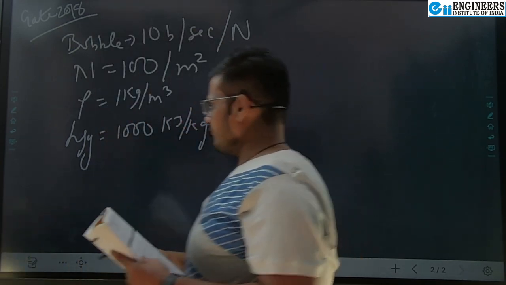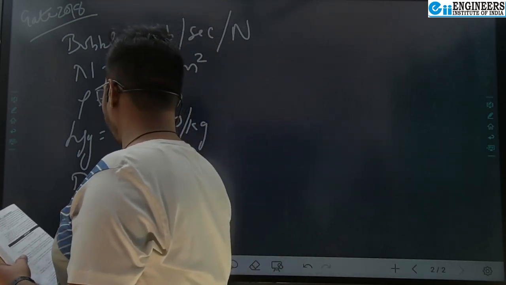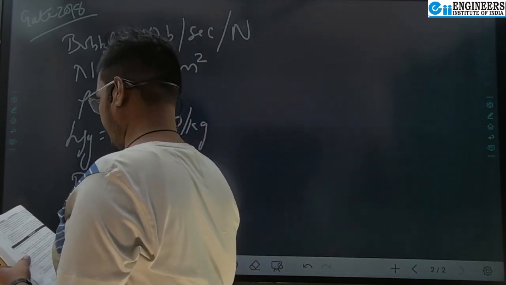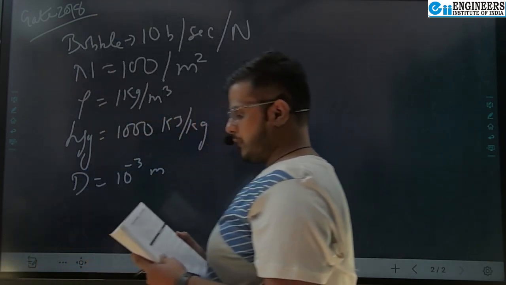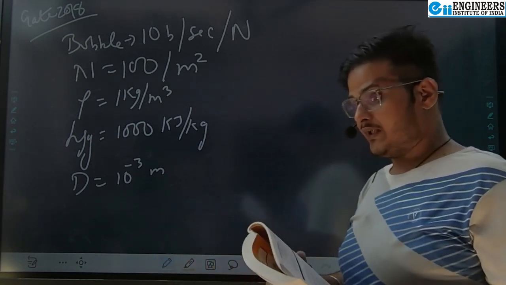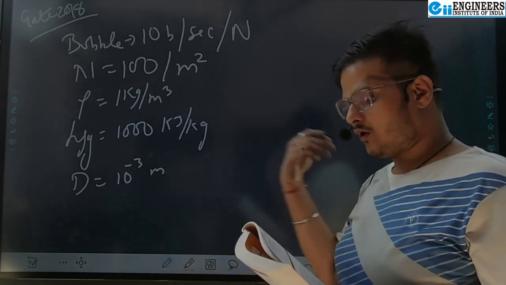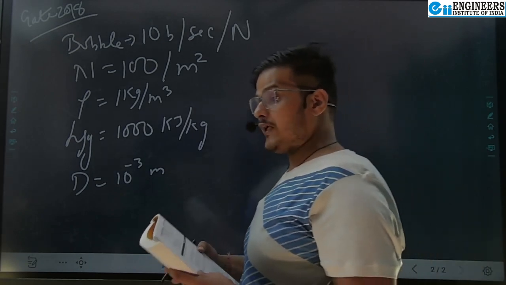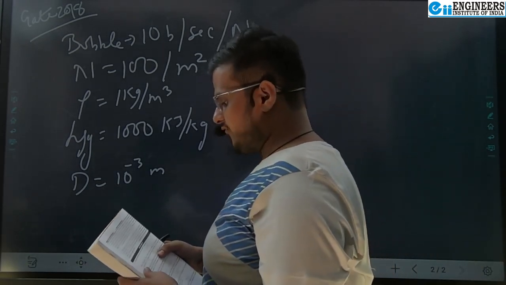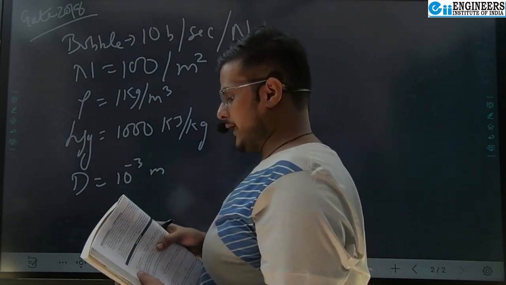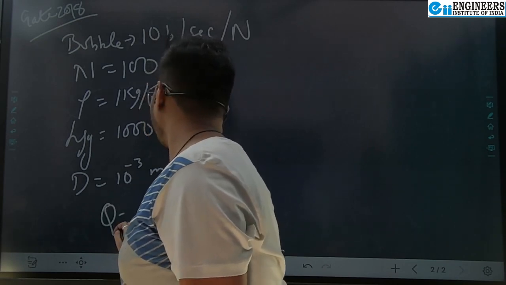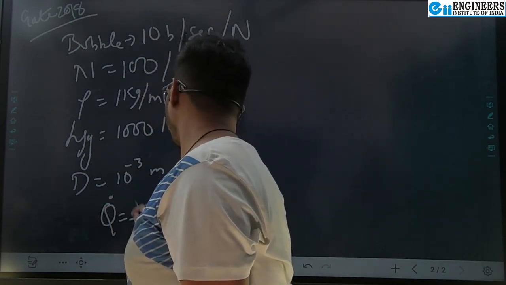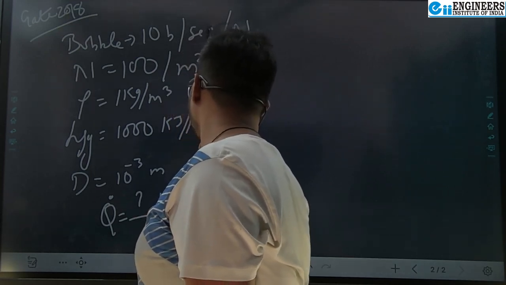The diameter of the bubble is 10 to the power minus 3 meter. Assume the entire heat supplied is used for vapor generation, which means no heat loss. The heat flux in watt per meter square of heating area is how much?